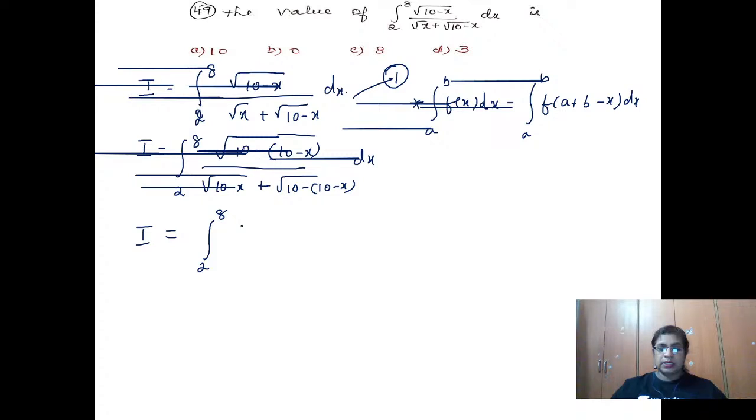So I am getting root x by root of 10 minus x plus root of x dx. So this is your equation 2.